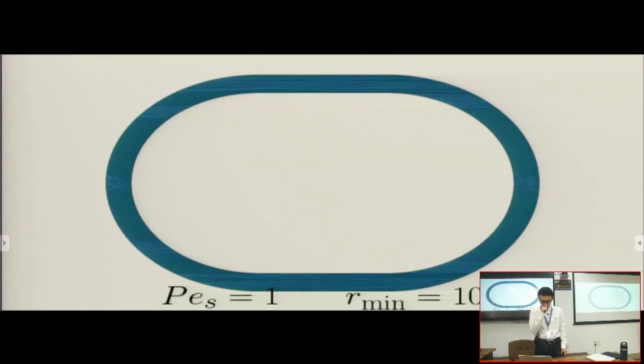Okay, so here's another geometry, which is a racetrack. And what's interesting here is essentially in the transverse direction, it's very confined, okay?